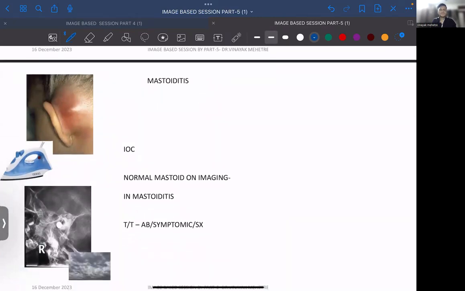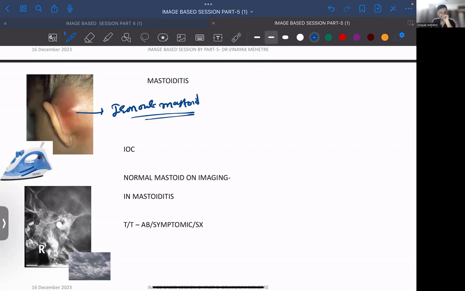What are we going to see? Redness on the mastoid. What do we call this? Someone has used an iron on the mastoid. If we put an iron on the mastoid, what will happen? Redness. So this is called iron out mastoid.